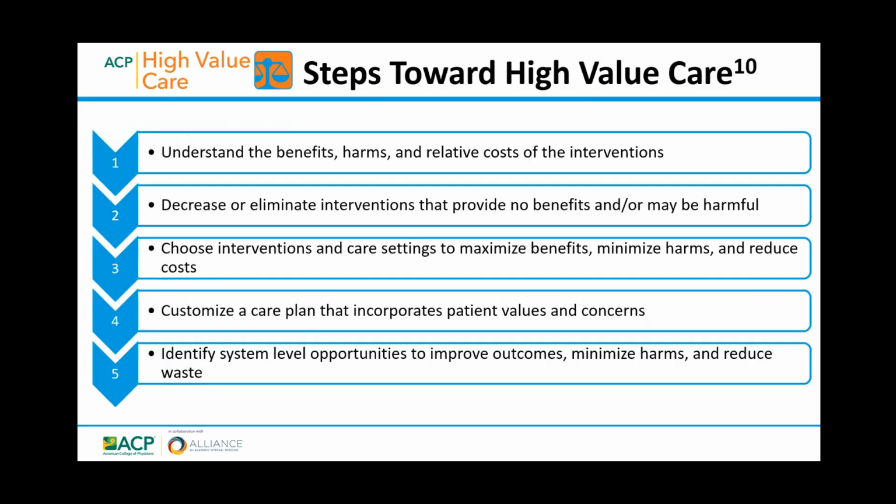The steps towards high value care that we will touch upon today are understanding the benefits, harms, and relative costs of interventions; decreasing or eliminating interventions that provide no benefits and or may be harmful; choosing interventions in care settings to maximize benefits, minimize harms, and reduce costs; customizing a care plan that incorporates patient values and concerns; and identifying system level opportunities to improve outcomes, minimize harms, and reduce waste.